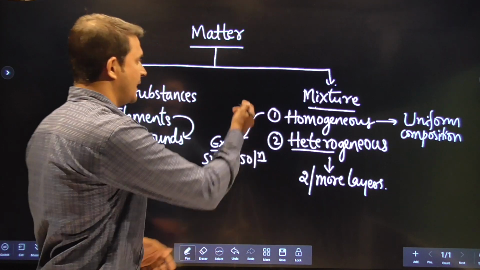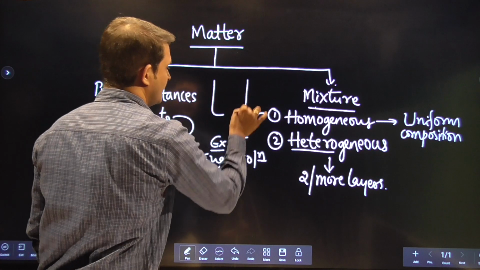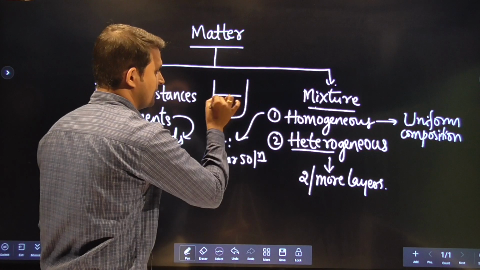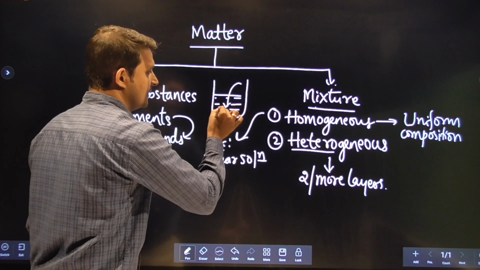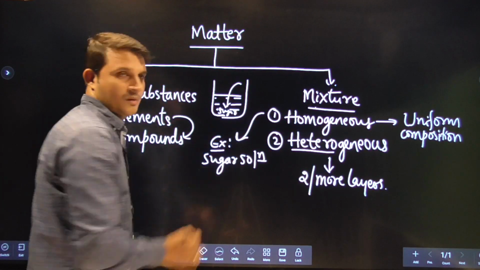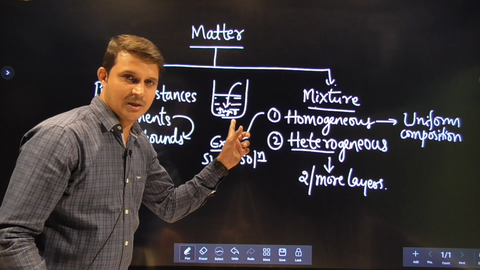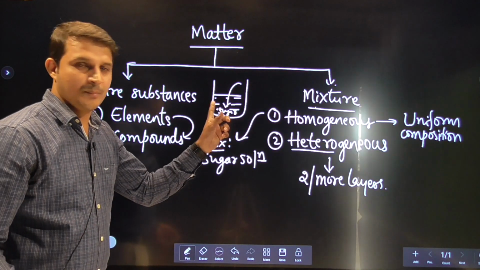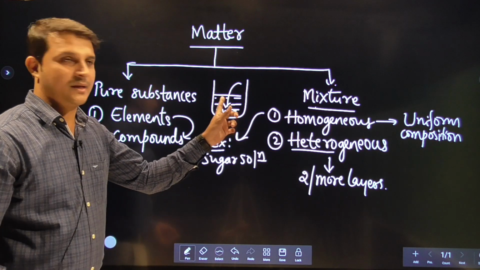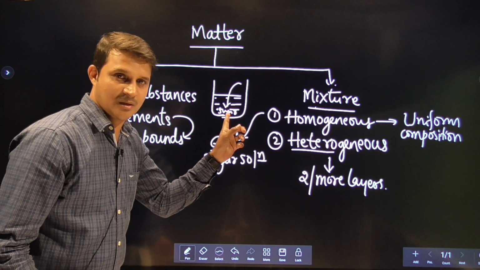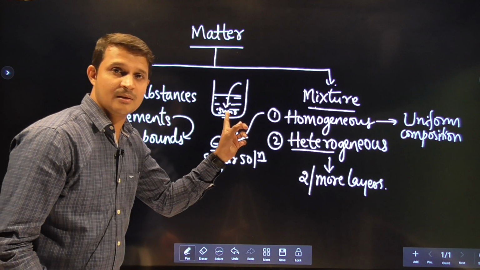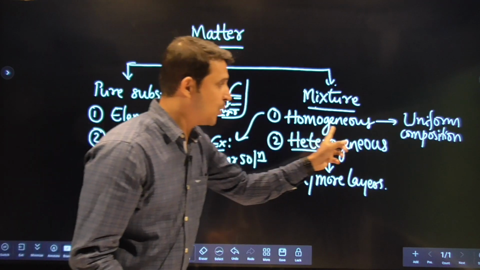If you take a beaker in which we have taken water and added a small quantity of sugar, the sugar dissolves in the water. We cannot distinguish water and sugar, so it is homogeneous.